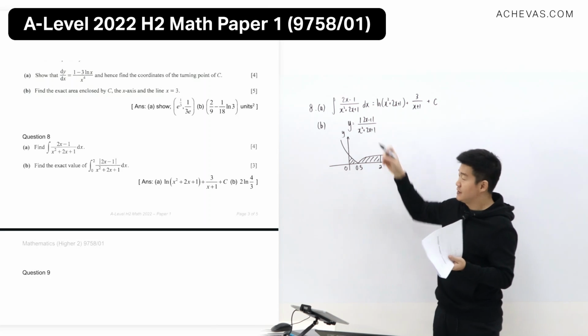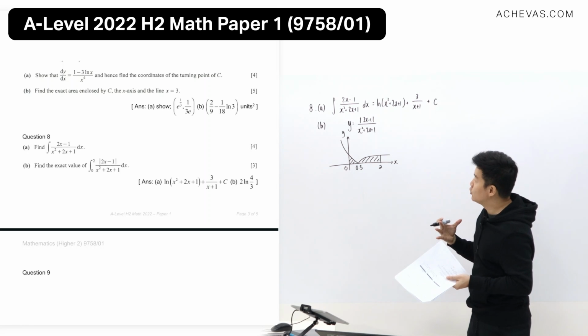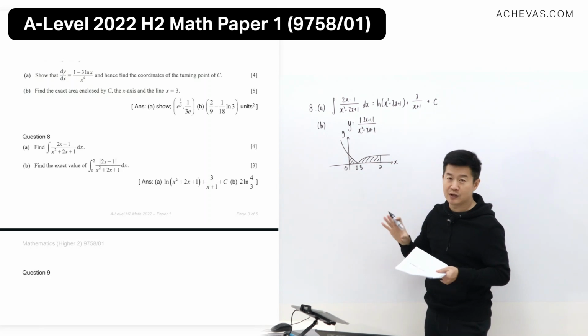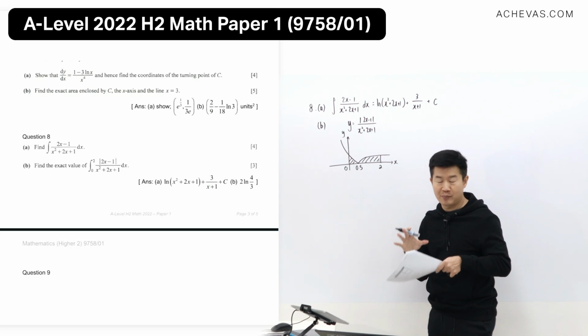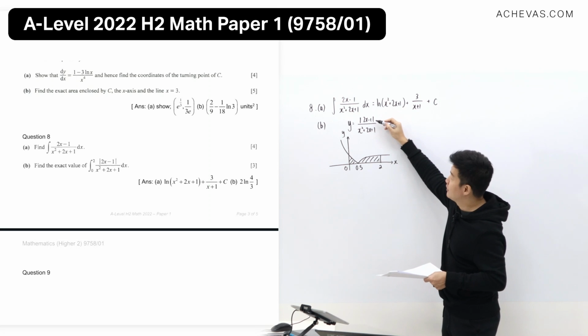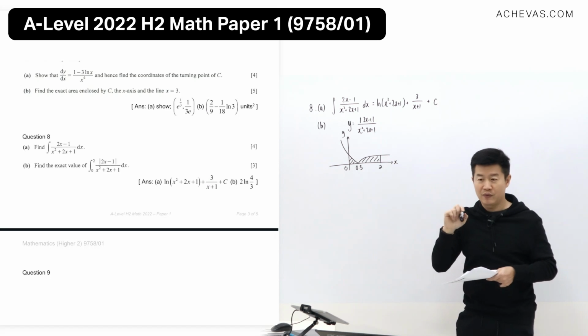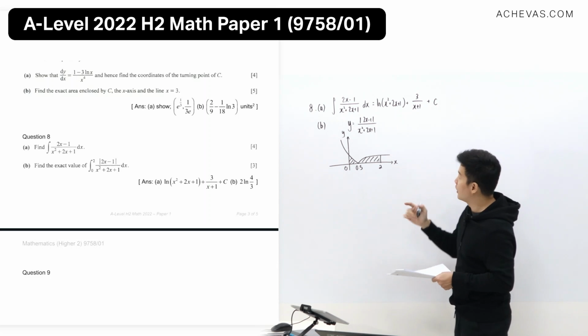But with a modulus, we cannot do the actual integration. But what we can do is to try to break up this area into two parts. And how are we going to decide which are the two parts to break it up into? I'm going to remove the modulus, which means that if I replace the modulus with a plus or minus instead, we can actually draw two more graphs.